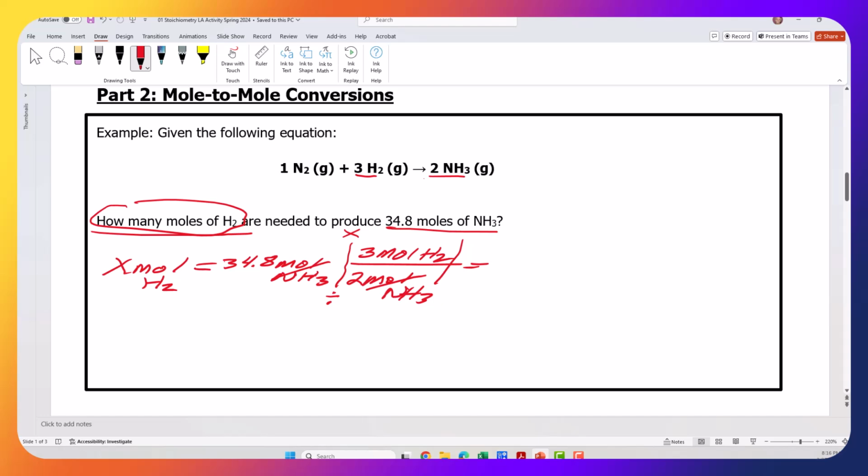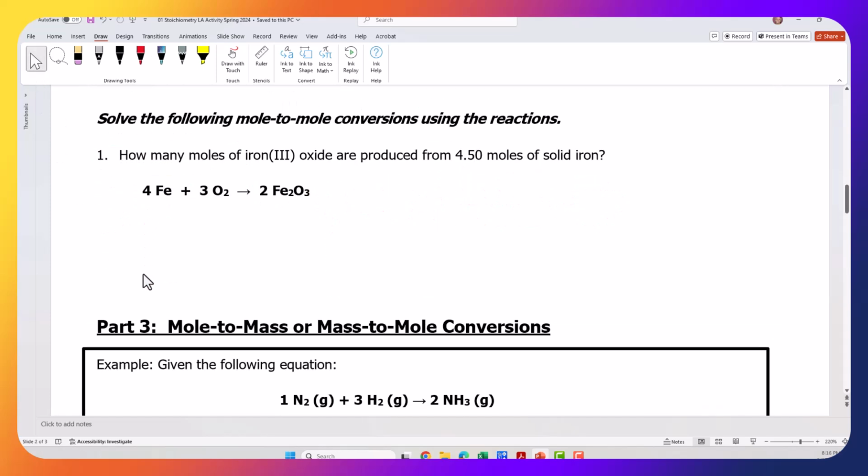So that's just going to be 34.8 times 3 divided by 2, which gives you 52.2 moles of H2. And that would be my answer. So that's how many moles of H2 are needed to produce 34.8 moles of NH3. Let's go ahead, scroll down, see what we got.